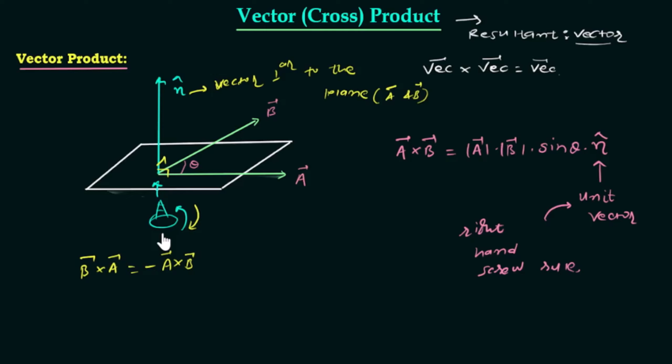Here you can see that the magnitude of A cross B will be only AB sine theta. The magnitude of n cap is our unit vector, so the magnitude of n cap will always be 1. Now we have A cross B equals AB sine theta. In case of theta equals 0 or 180 degrees, sine 0 or sine 180 both are 0, so in this case our A cross B will be 0.